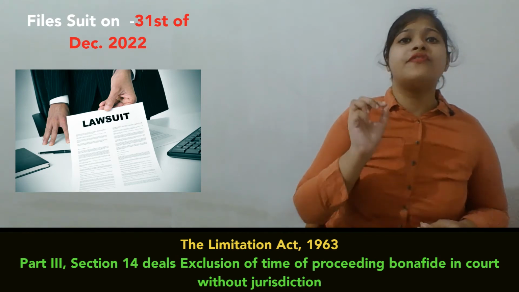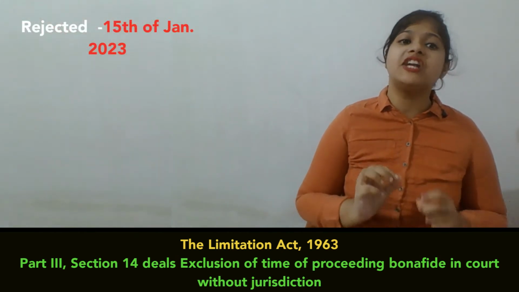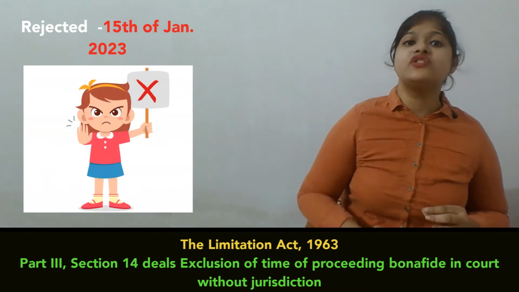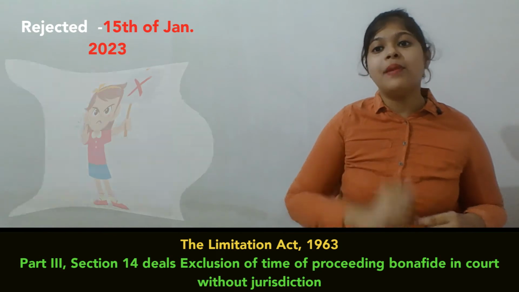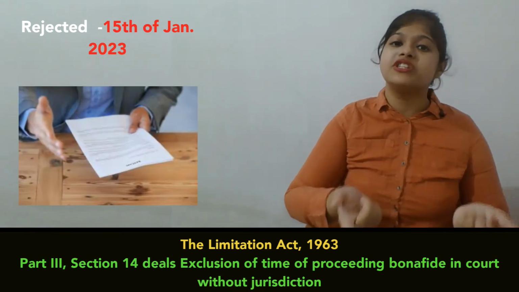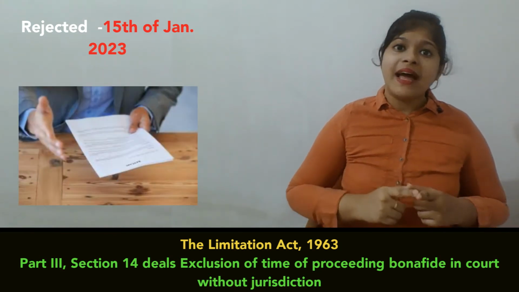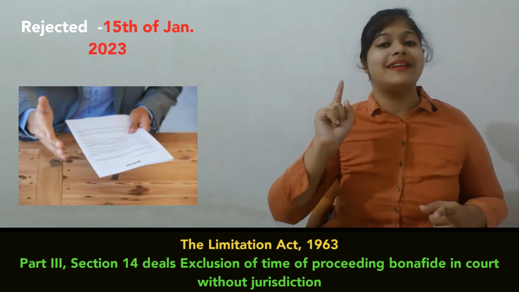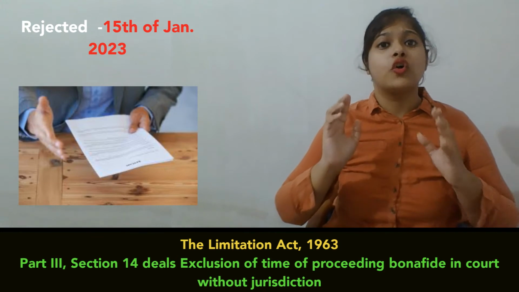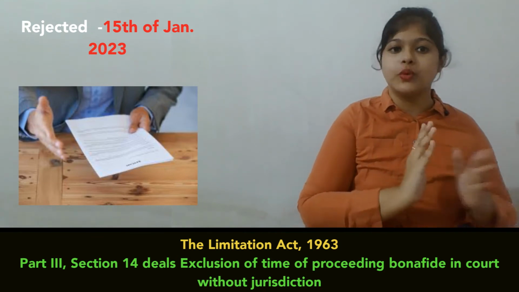However, on 15th of January 2023, A gets to know that he has filed in a wrong jurisdiction. A applies to the court to grant permission to withdraw. Applying Rule 1, Sub-Rule 3 of Order 23 of CPC, the court grants permission to withdraw.